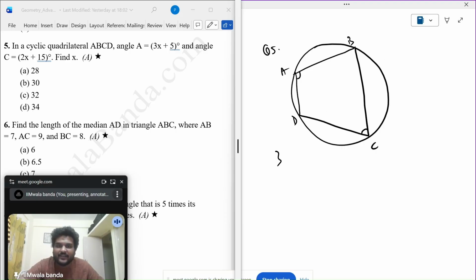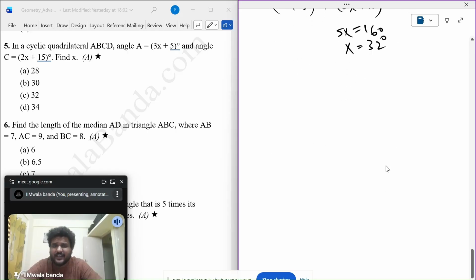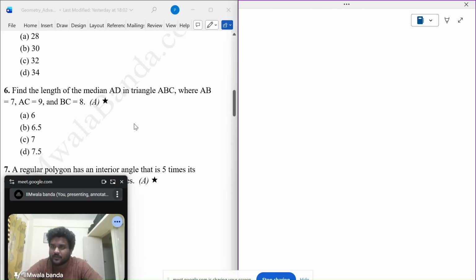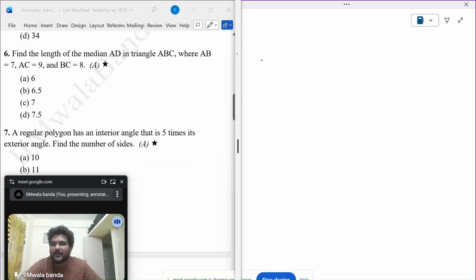So can I directly say 3x plus 5 and 2x plus 15 is 180 degrees? So 5x plus 20 is 180, or 5x is 160, or x is 32 degrees. Very direct question, but just to make you understand that opposite angles of a cyclic quadrilateral are supplementary.